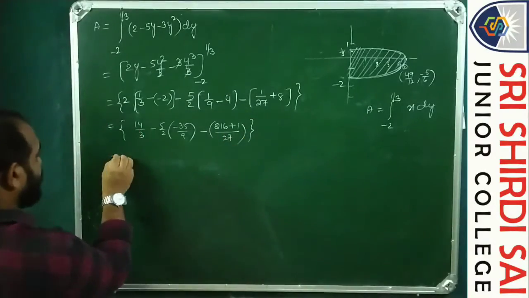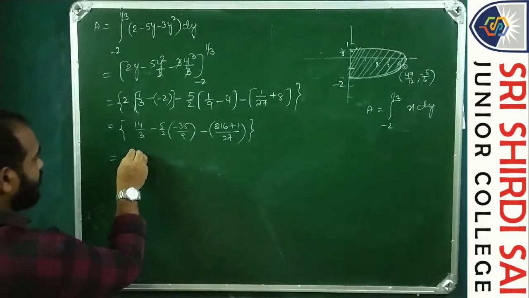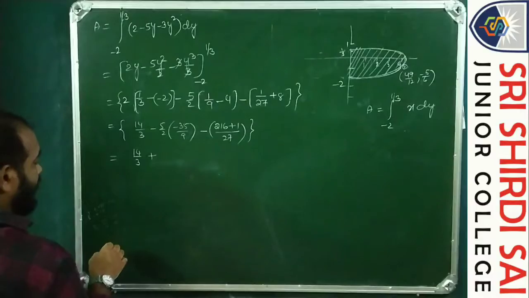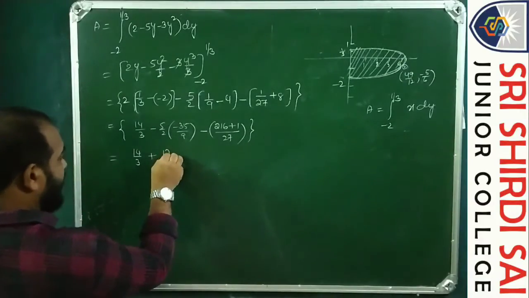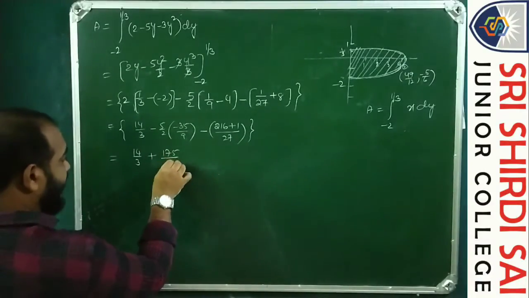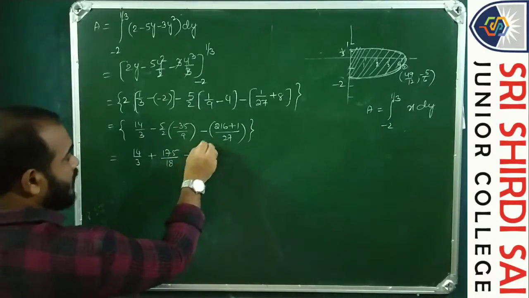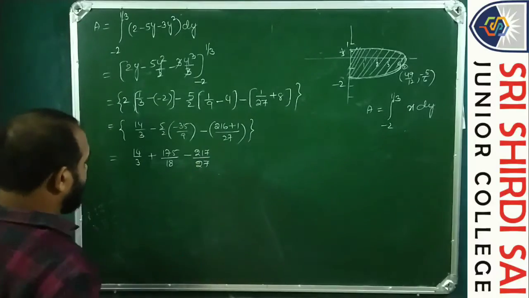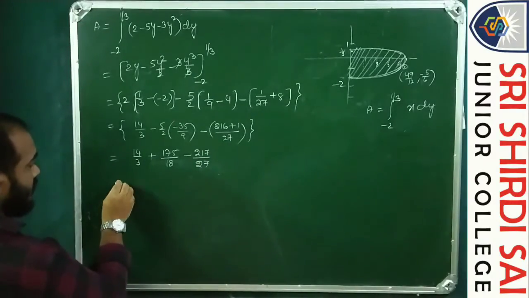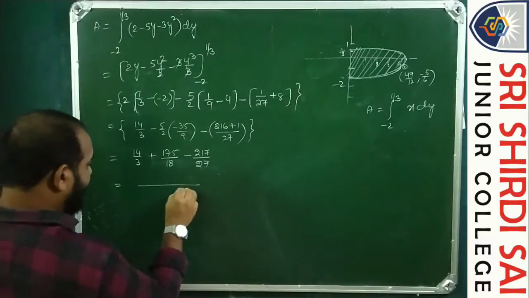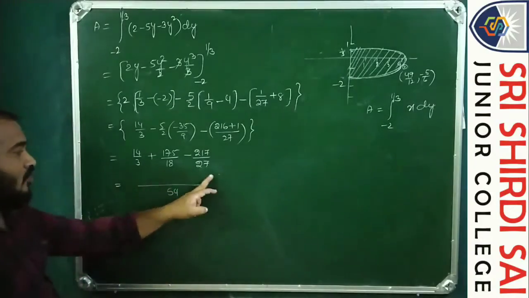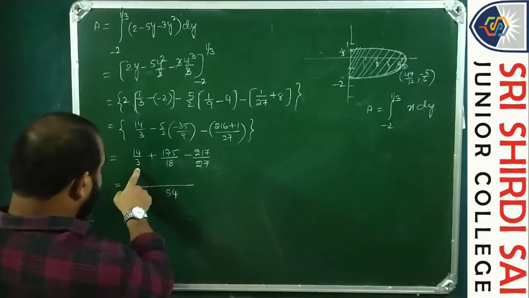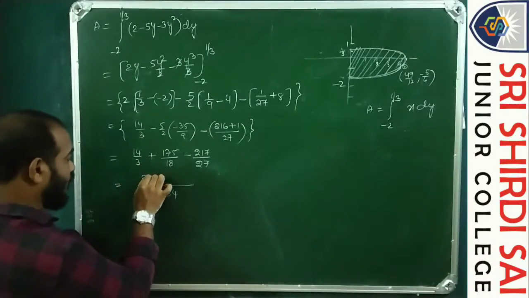This equals 14/3 minus, into minus, plus 5 times 35 which is 175, over 2 9s are 18, minus 217/27. The LCM is 54, of 3, 18, 27. 54/3 is 18, and 18 times 14 is 252.